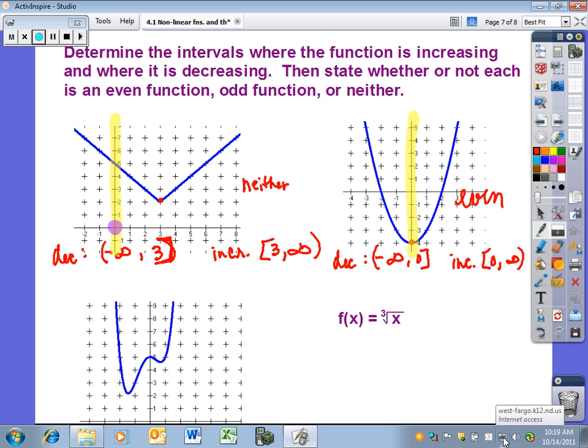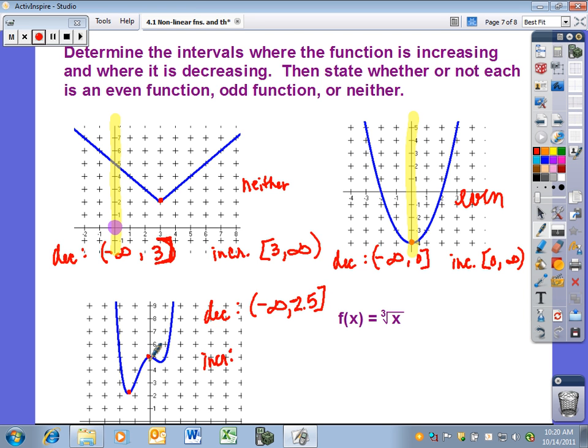This one? Decreasing here again, off the graph to this point, which looks like negative 2.5 about. We're estimating here. So from negative infinity to negative 2.5. Then we're increasing here.